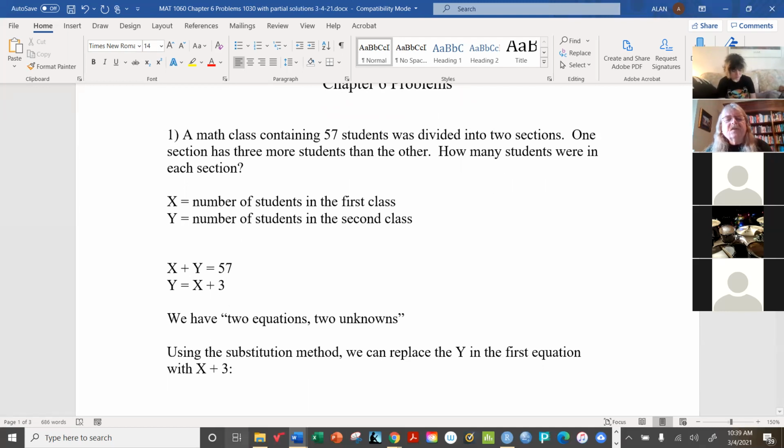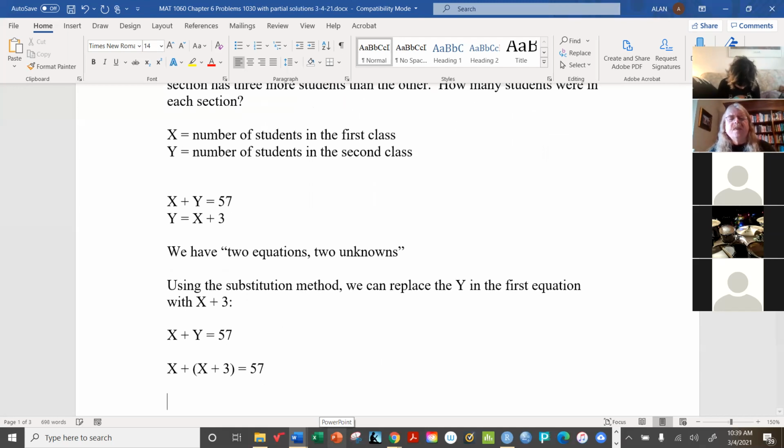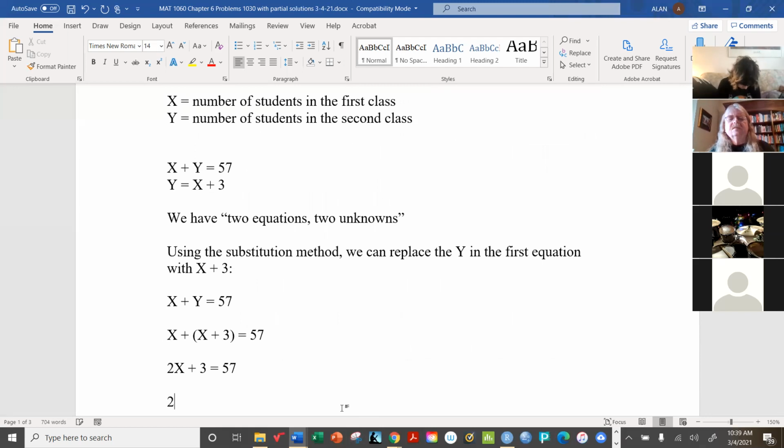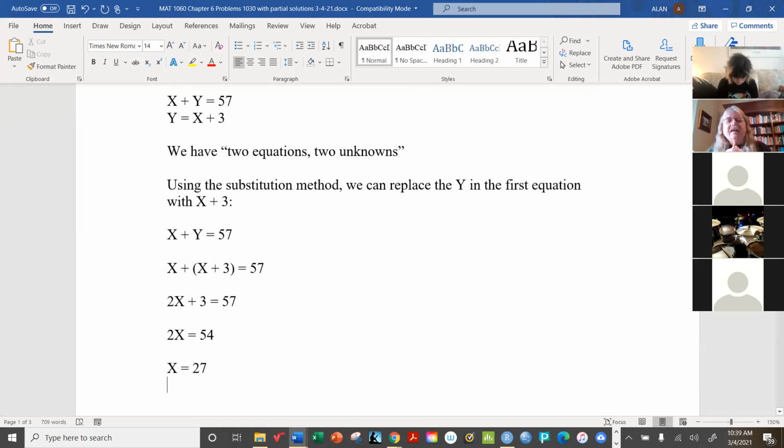So in the first equation, since it says that X plus Y equals 57, we'll rewrite that as X plus X plus 3 equals 57. Now look how easy this is. All that we had to do is a little algebra, and we can see that in that case, X must equal 27.